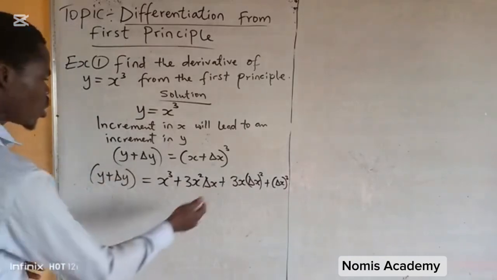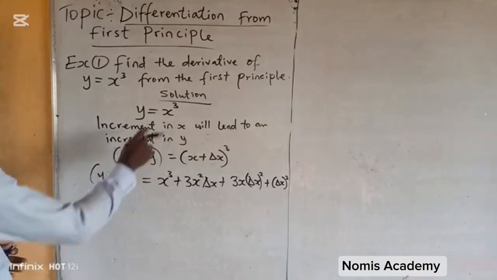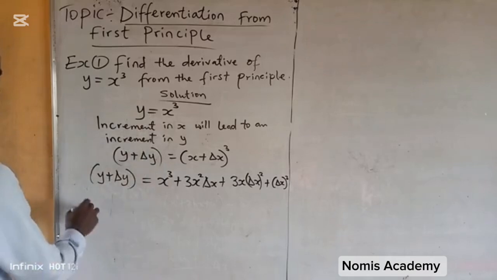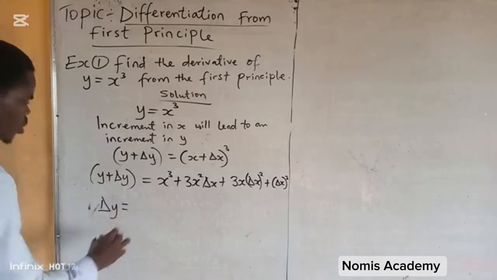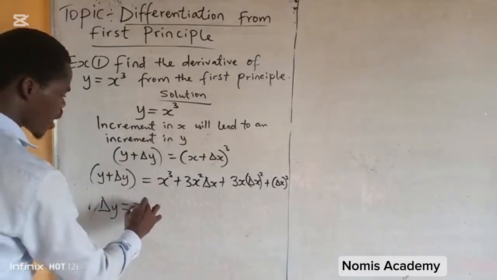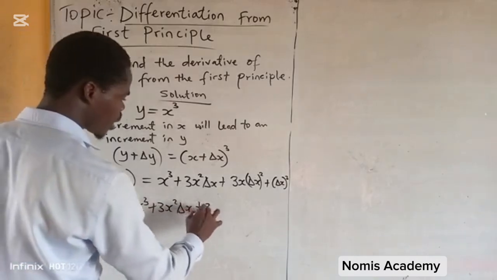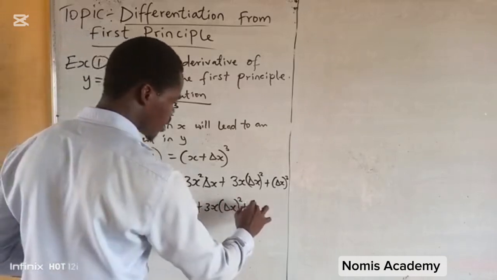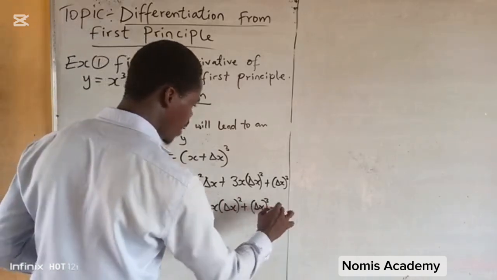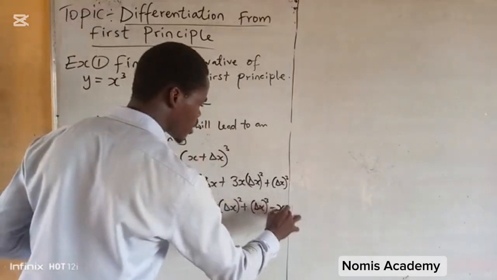So the next thing we do, we are going to subtract y from both sides. So that will be delta y equal to x cubed plus 3x squared delta x plus 3x delta x squared plus delta x cubed minus, since you are subtracting y, the value of y is x cubed, so we write x cubed.